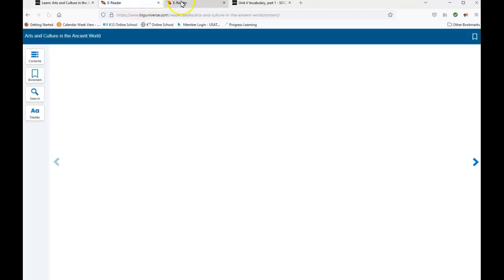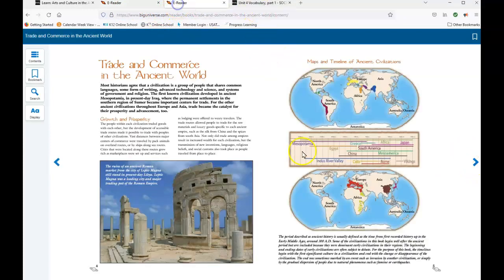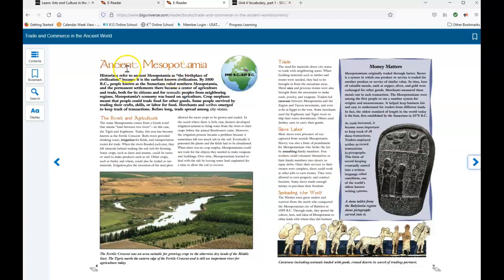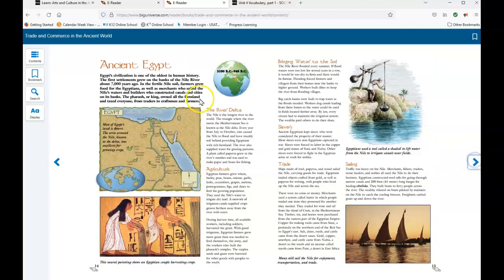Okay, so there's those two books right there. In both books, you've got Ancient Mesopotamia and then you've got Ancient Egypt. So you just have to scroll to find those.